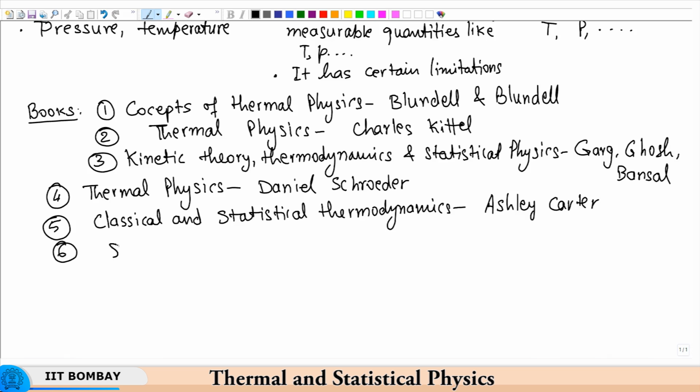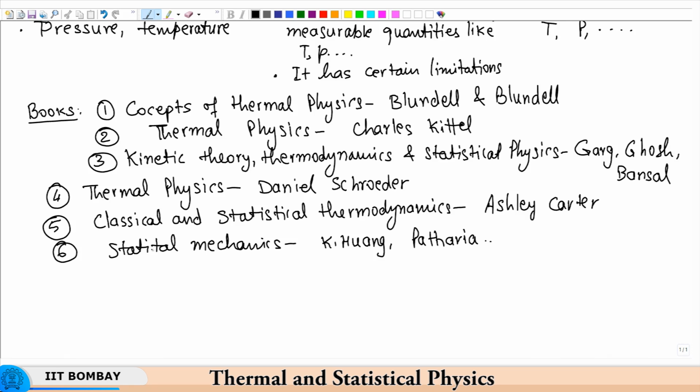And for statistical mechanics there are other good books, K. Huang and Pathria and so on. There are many more books which I am not listing out, but this will give you a decent bit of material to go and read about.